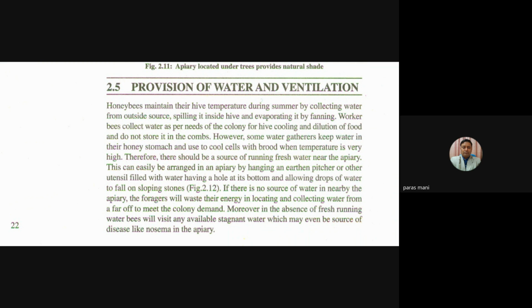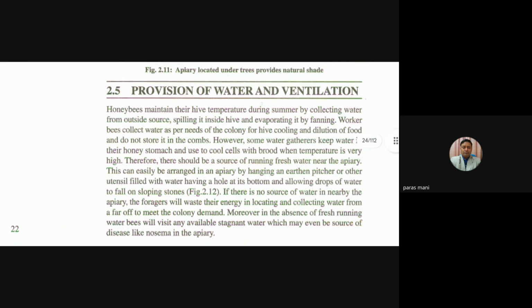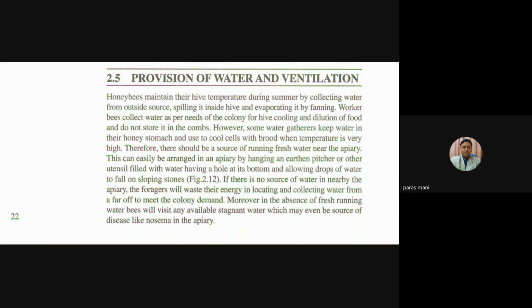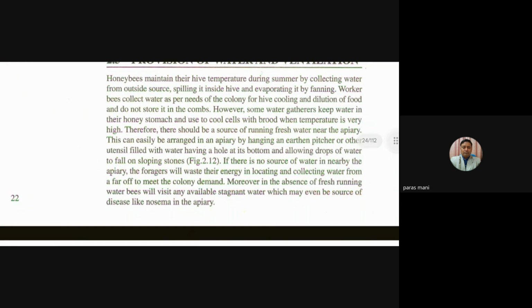In the vicinity of the apiary, near the hive, there must be a water source, which is running water, like a tap or a natural stream, or any running water for that matter. And it must be clean, fresh water.